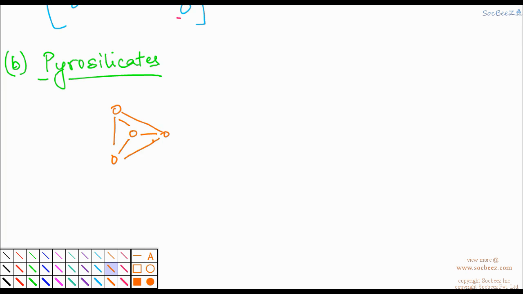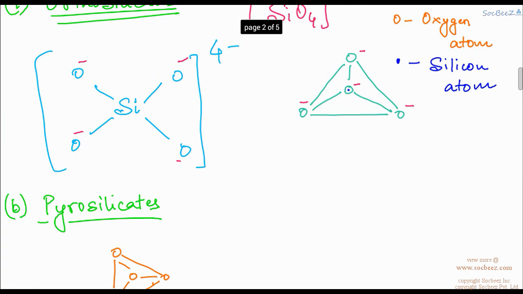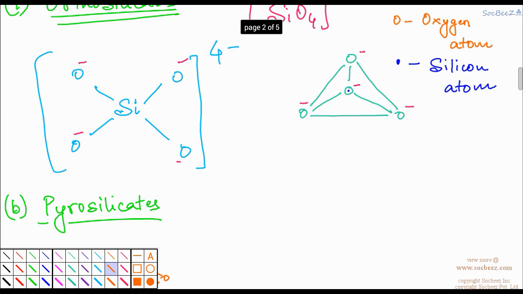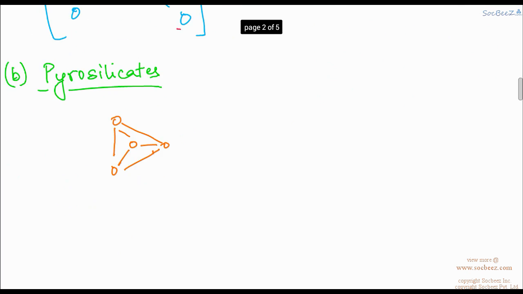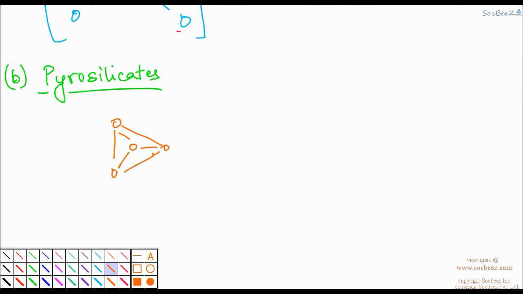The only difference between pyro and ortho is that one of the oxygens of the ortho is shared by another similar structure, or another orthosilicate. When one of the oxygens of an orthosilicate is shared by another orthosilicate, then it forms pyrosilicates. So this oxygen is shared.